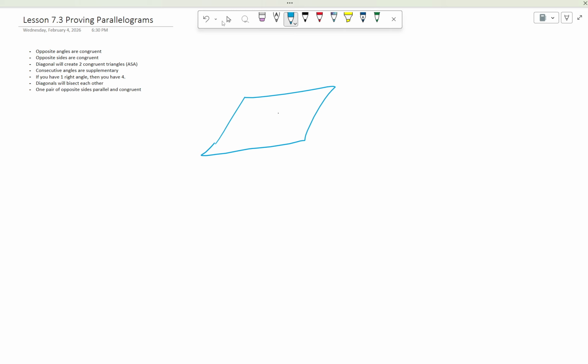Let's take our parallelogram here. If we have the two sets of opposite sides being congruent, we know that we have a parallelogram. How could we calculate that in a coordinate plane? Of course, you could use the distance formula. There are other ways to go about this.